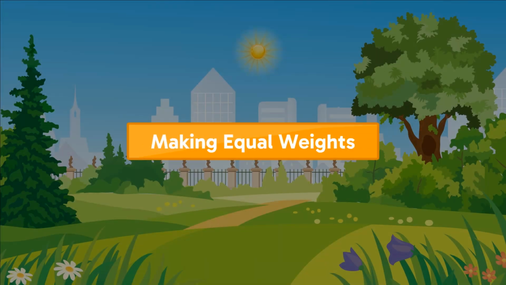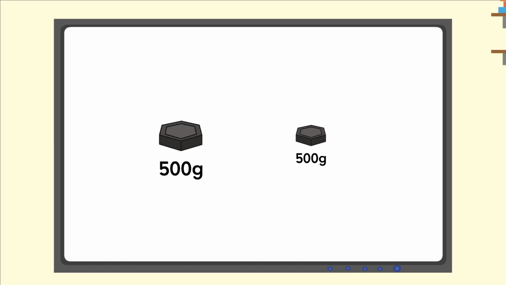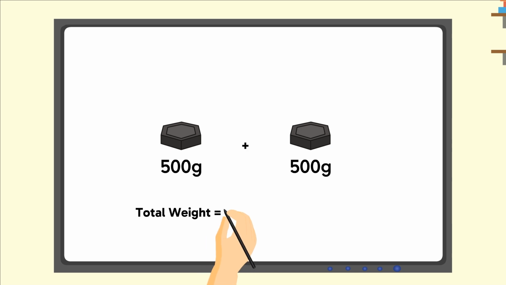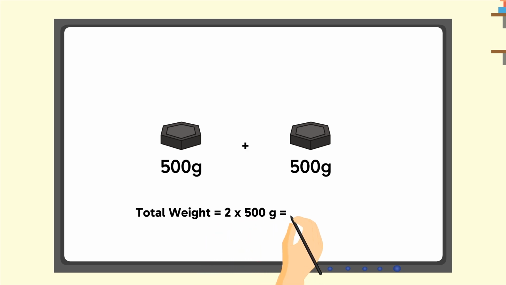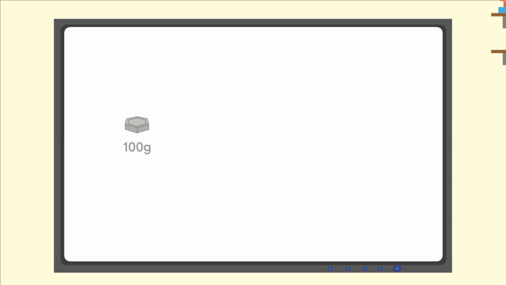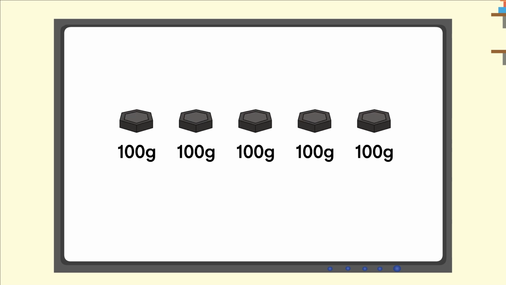Making equal weights. These are two 500-gram weights. That is, the total weight 2 into 500 grams is equal to 1,000 grams, which is 1 kilogram. These are 5 100-gram weights.